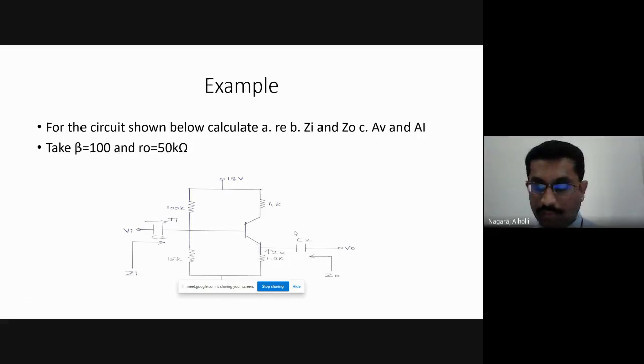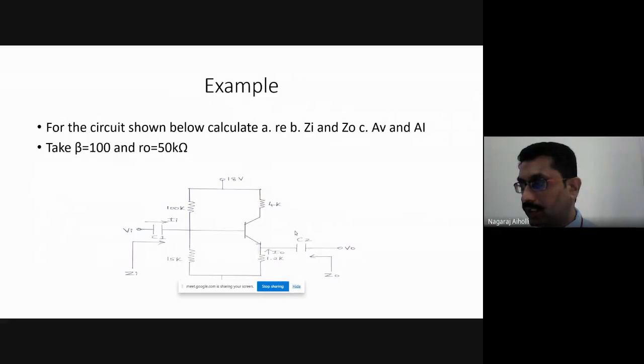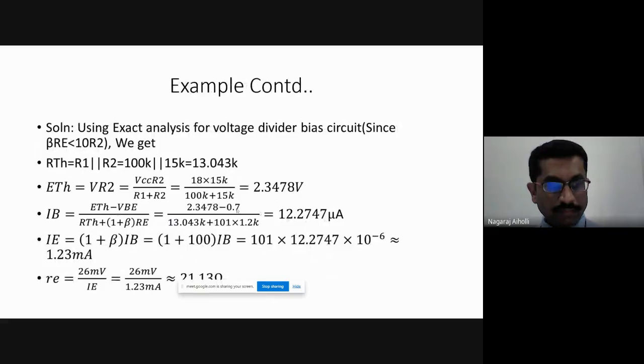Keep your calculator in engineering mode and tell me in terms of milliampere. Sanket, how much are you getting? 1.23 milliamps. Very good, correct. It is 1.23 milliampere.